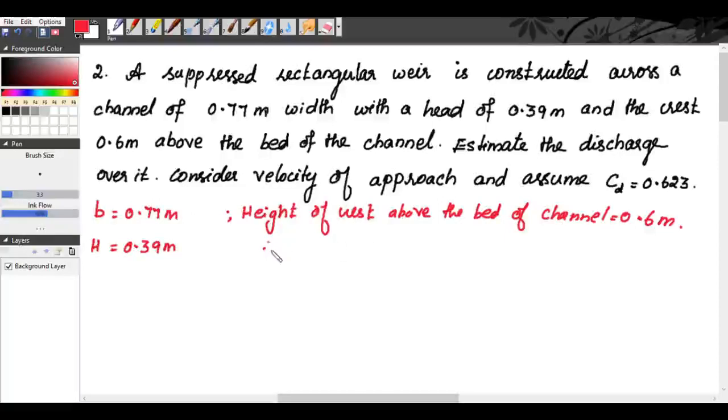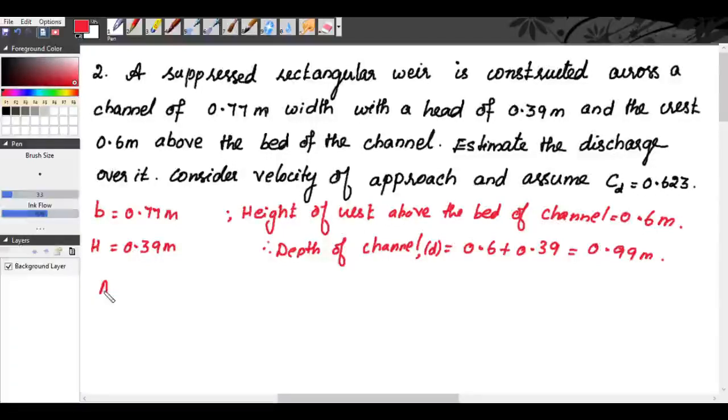Therefore, what will be the depth of channel? So the depth of channel will be equal to 0.6 plus H, that is 0.39. So we get 0.99 meter. So depth of the channel D is 0.99 meter. That means our area of the channel will be equal to breadth into depth.